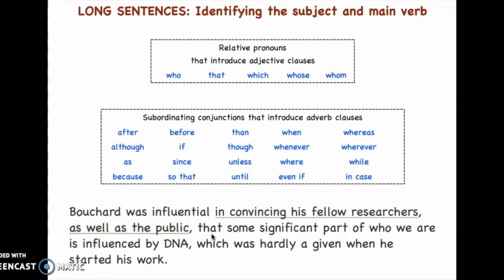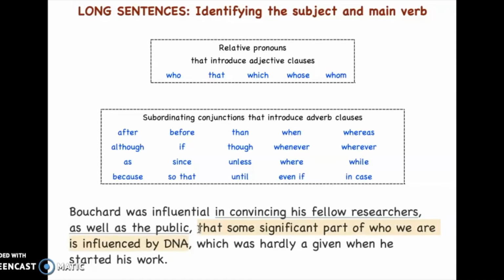Now we have this clause that starts with that. Here's the word that, and we were looking for words that begin dependent clauses. We have that, and here is that. That some significant part of who we are is influenced by DNA.